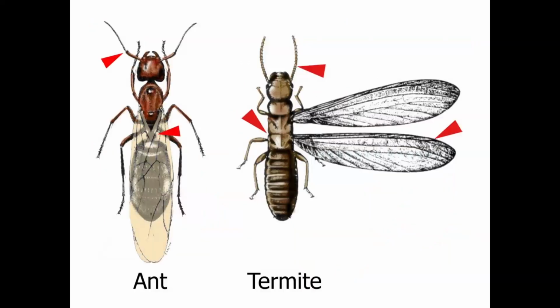So the big question a lot of times is, is this an ant or is this a termite? So when we're looking at this, you need to pay attention to certain things. Usually when we have termite swarmers emerging, we also tend to have ant swarmers emerging, depending on species.